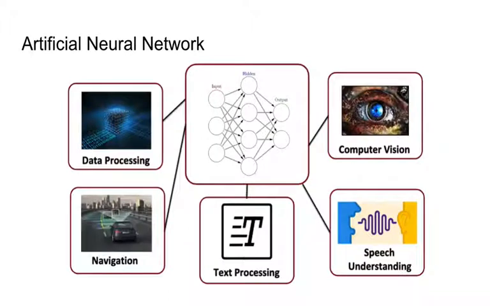These machine learning and deep learning models have been successfully applied to many practical applications. For example, data processing of Facebook data or Amazon data has been used to identify fraudulent messages. We also use AI to help the navigation of autopilot cars.